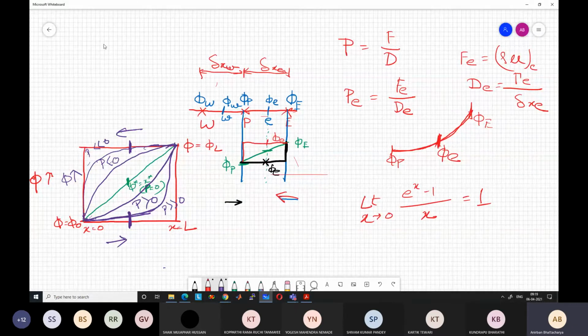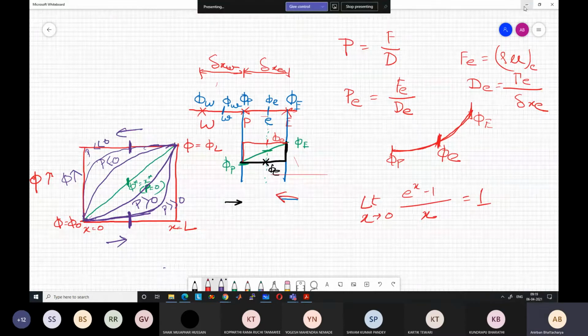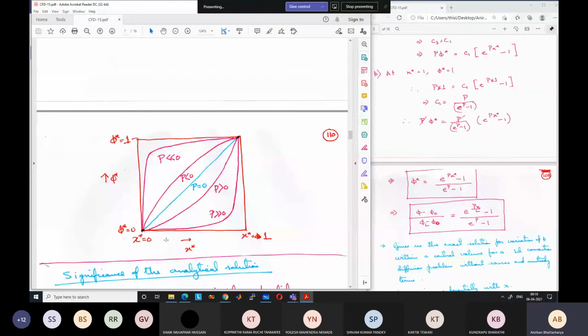The nature of variation is also now clear to us: it is exponential. This is what we have plotted here. So x star going from 0 to 1 and phi star going from 0 to 1, and for p equal to 0, this is shown by this blue or cyan colored line. For p greater than 0, this is the pink colored line, and p much higher than 0 goes more and more towards the right hand side.